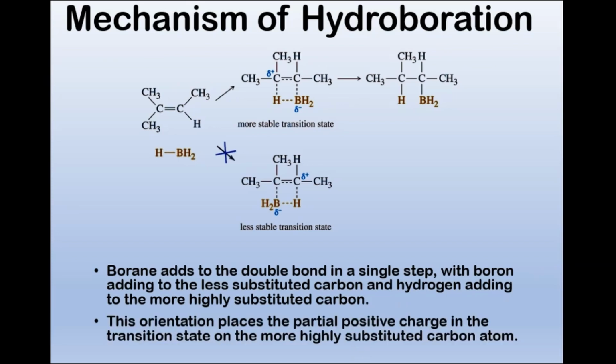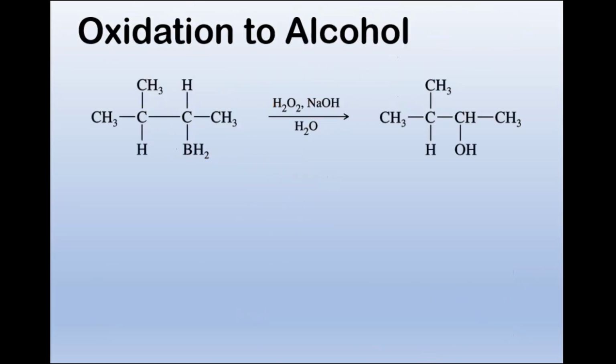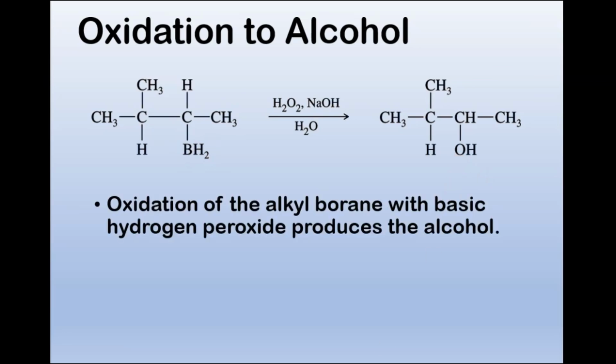And then once we have that borane compound, we go ahead and add some hydrogen peroxide and sodium hydroxide, and this gets oxidized off real easily, puts the OH on there. So we say oxidation of the alkyl borane with basic hydrogen peroxide produces the alcohol. And the orientation is anti-Markovnikov. I like to say that word regioselectivity.